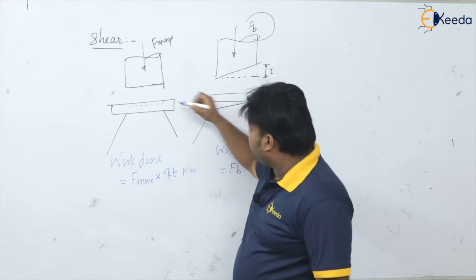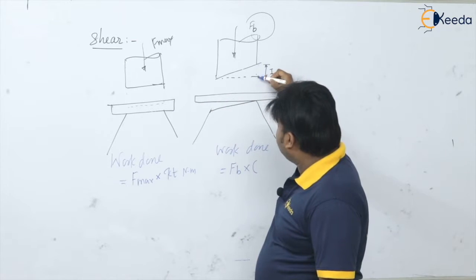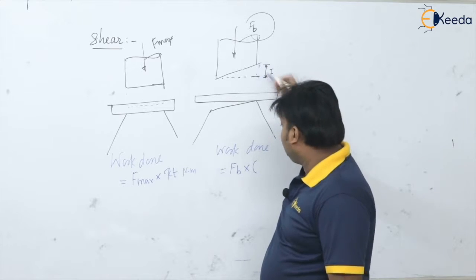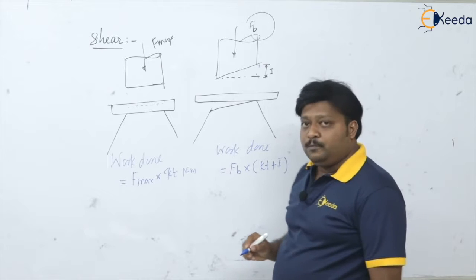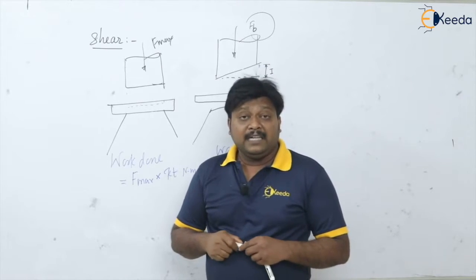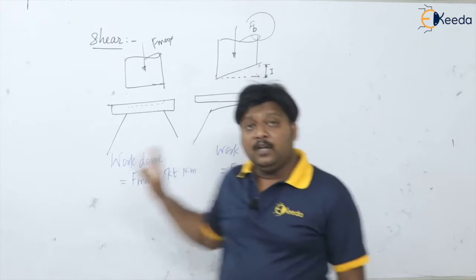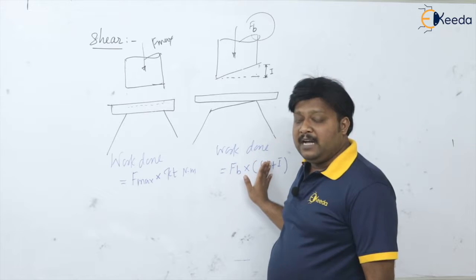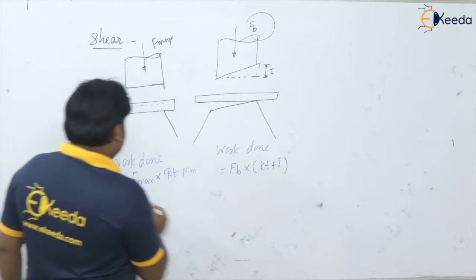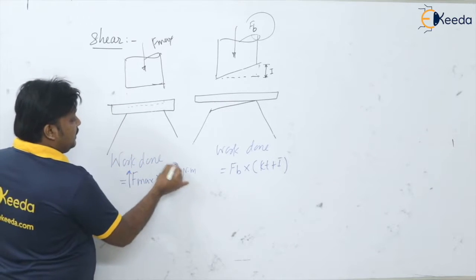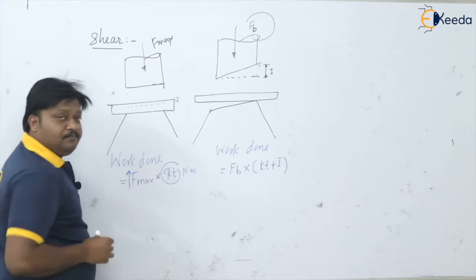This KT was there, and in addition to KT this shear distance is added, so KT plus I. So I made the statement that even though the cutting force is going to be minimized, the work done remains the same. You can check here, the force was maximum but the distance was only KT, isn't it?